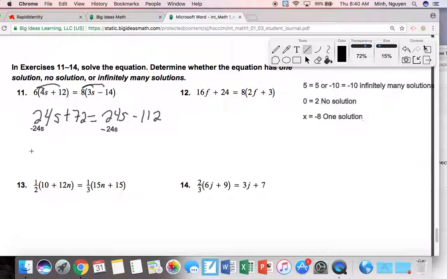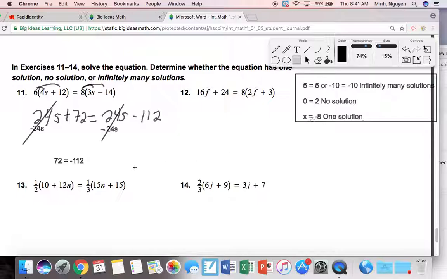I want to bring it to the left side or the right side. But in fact, in this problem, we have 24s minus 24s is 0. And we have 24s minus 24s is also 0. And we end up saying that 72 is equal to negative 112. Now looking at this off to the right side over here, let's make that nice little box.